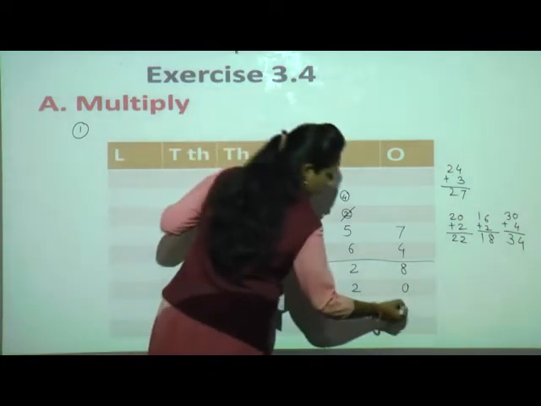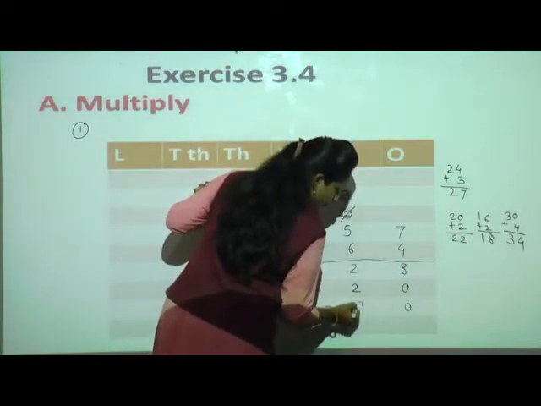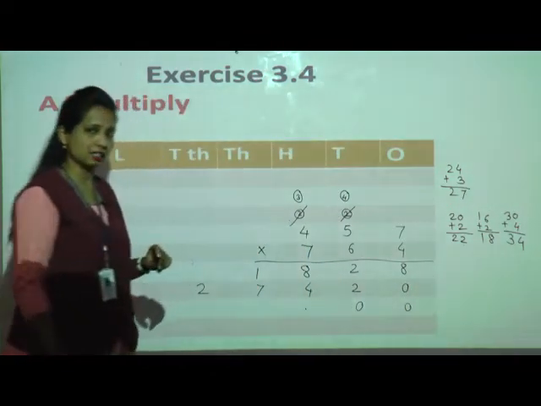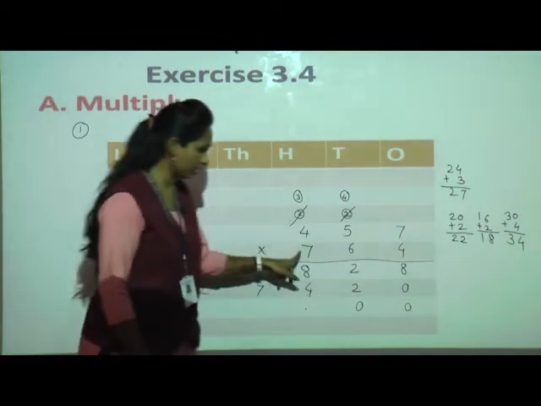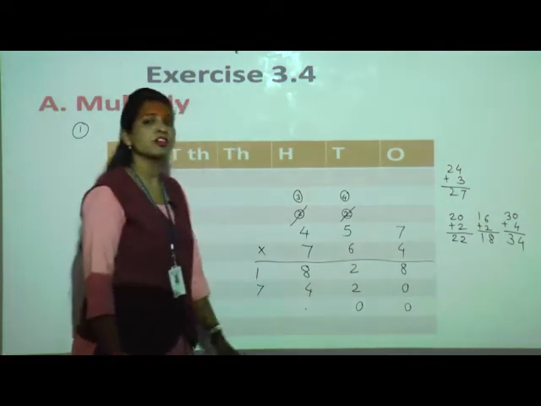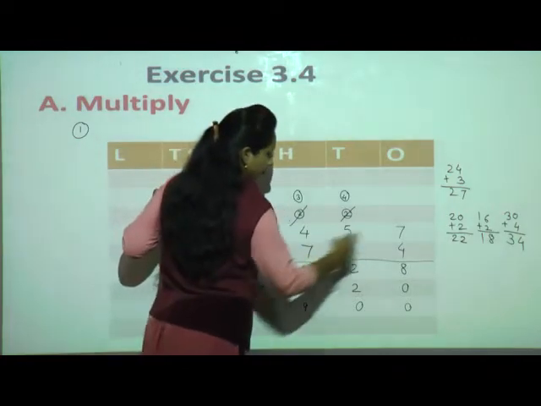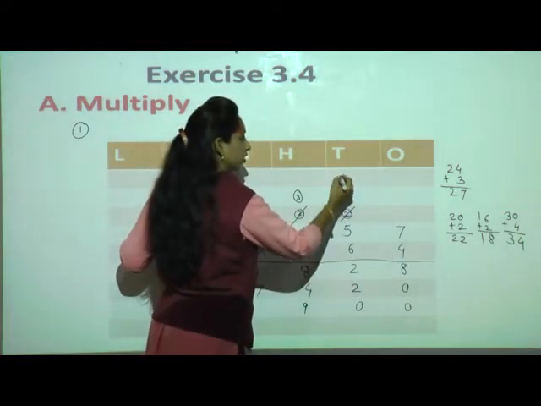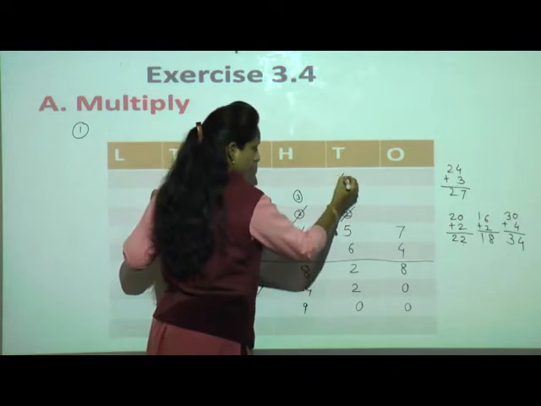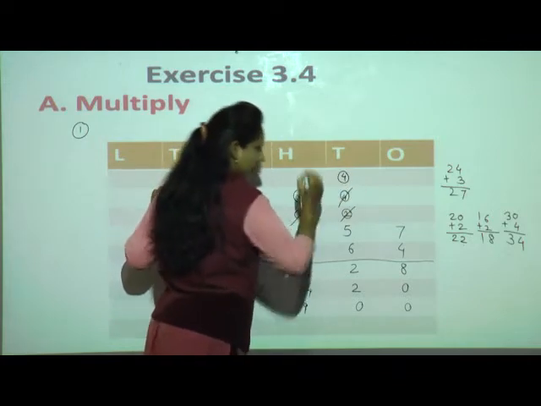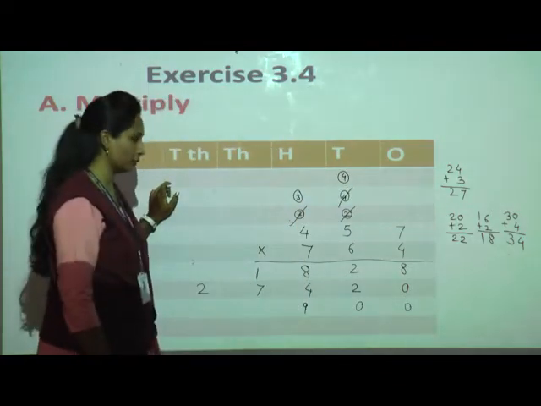So put zeros at the ones place and tens place. Now you can start. Now 7 sevens are 49. So write here 9. Ones place we have done. So the carry will go to the tens place. So after writing this, cut the previous carry over.